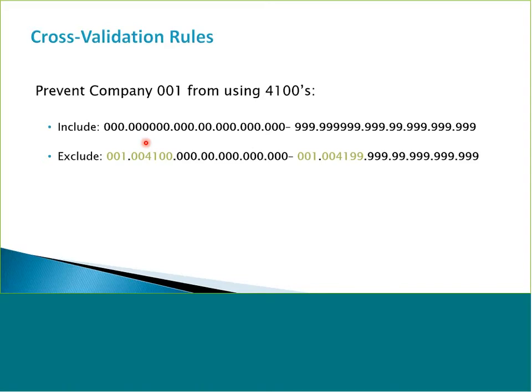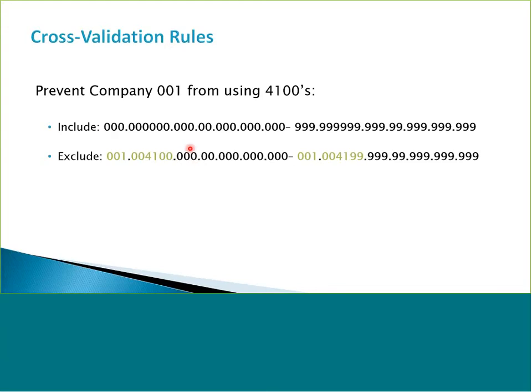So what's the exclusion range? It only covers company one, so 01 to 01. What is the range of natural accounts that we don't want to be used? It starts from 4100 to 4199. So that's the range of natural accounts that is covered. We don't want company one to use 4100s for any combination at all.